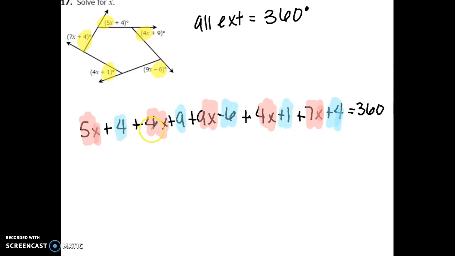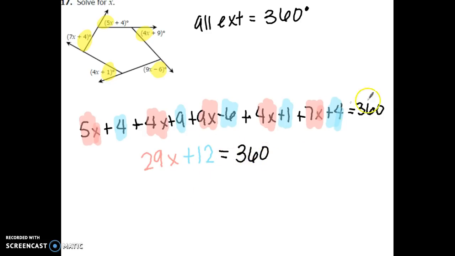In this case, 5 plus 4 plus 9 plus 4 plus 7 will give us 29x. And then we have 4, 9, negative 6, 1 plus 4, that should be plus 12. And of course, still equal to 360 degrees.